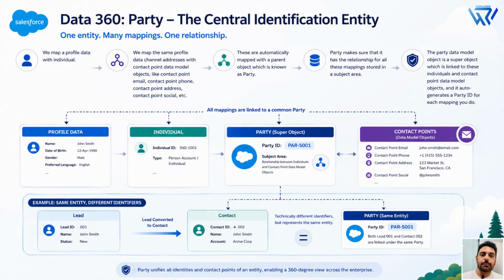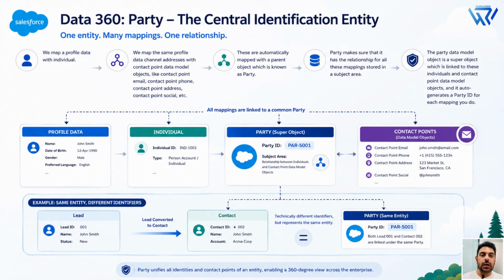We map the same profile data channel addresses with contact point data model objects like contact point email, contact point phone, contact point address, contact point social, etc. Similarly, these are automatically mapped with a parent object which is known as party. Party makes sure that it has the relationship for all these mappings stored in a subject area.